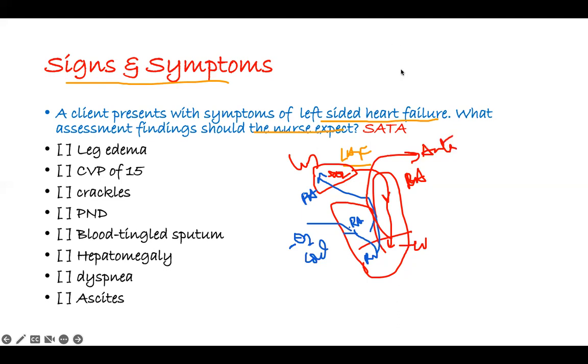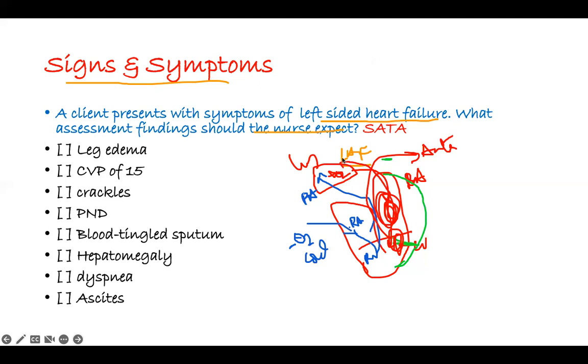Unfortunately, when you have left heart failure, the left heart becomes big, it cannot pump the blood anymore. So blood from the left ventricle is not going to the aorta. Only a small amount is going. So what is going to happen? The blood is going to build up and stay in the left atrium and left ventricle. And what will happen? It will go back to where it came from.